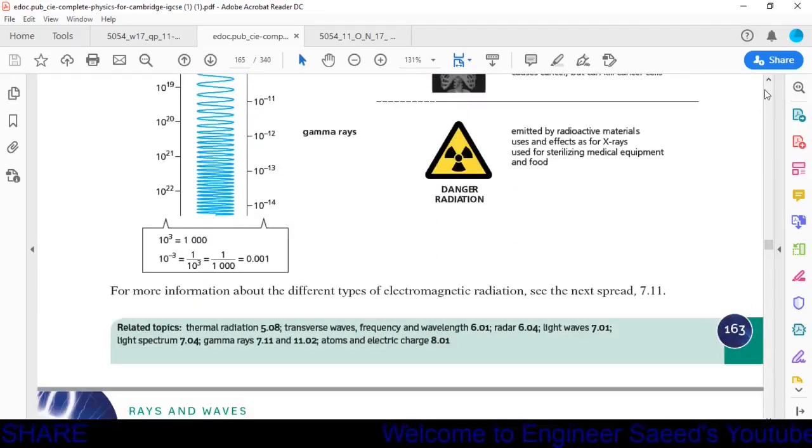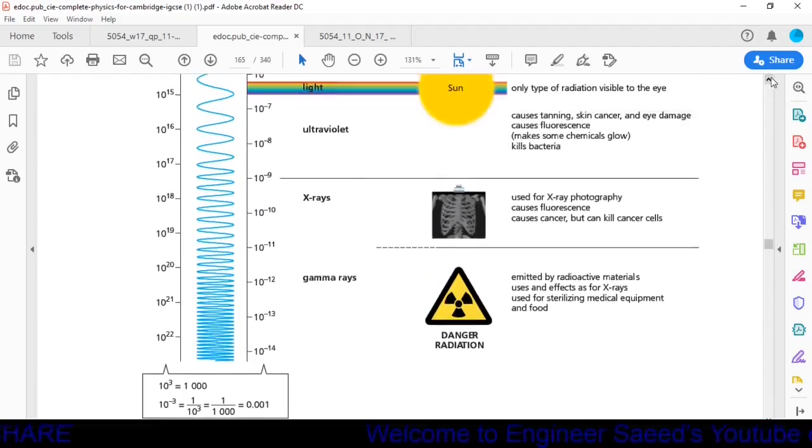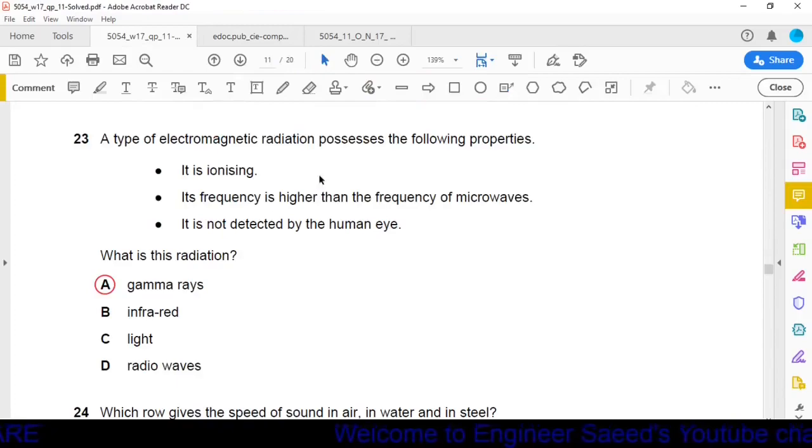In other words, the frequency of gamma rays is higher than the frequency of the microwave. And the third property, it is not detected by the human eye. Yes, we cannot see gamma rays. So all these three conditions are fulfilled by gamma rays. So option A is the correct one.